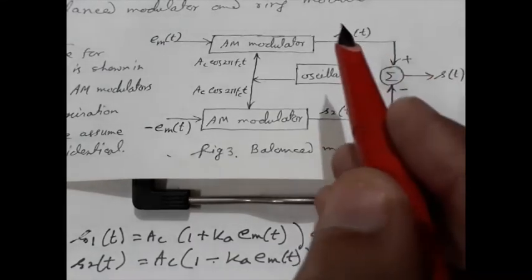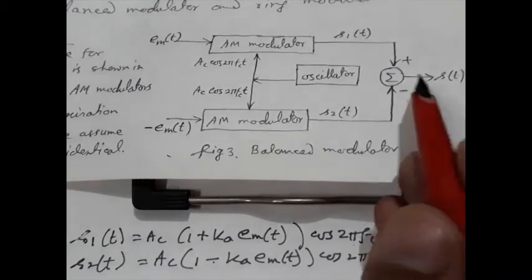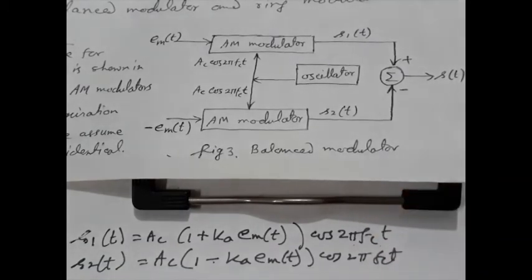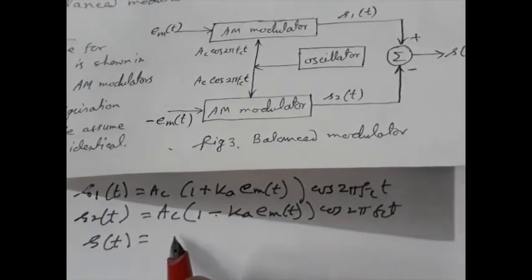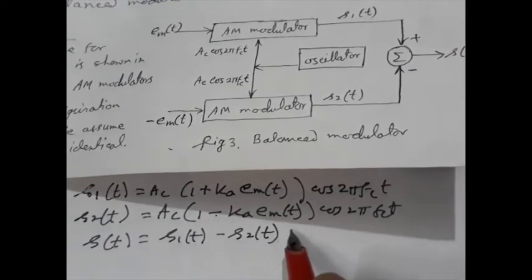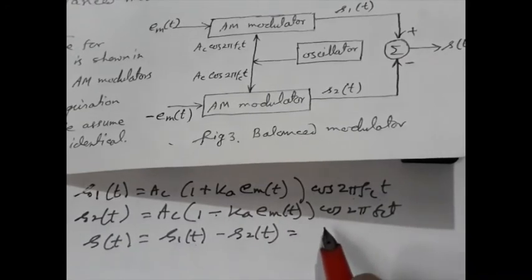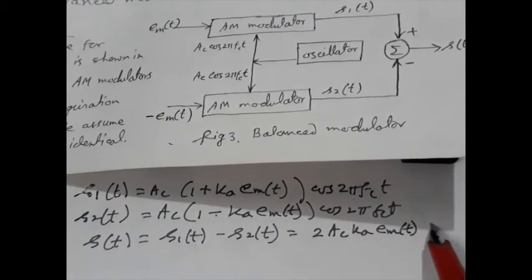So we have S1, we have S2, then we have a subtractor. So the output voltage S(t) can be written as S(t) equal to S1(t) minus S2(t), that is equal to twice Ac Ka e(t) into cos 2 pi fc t.